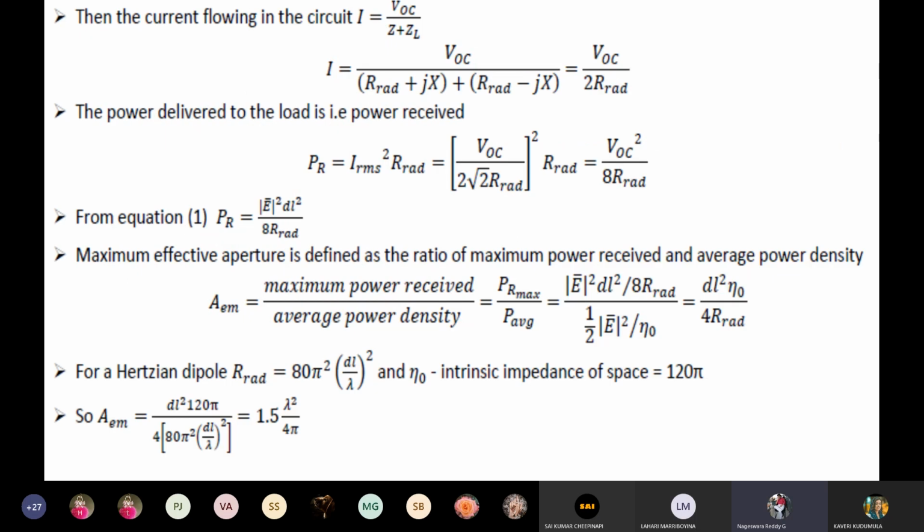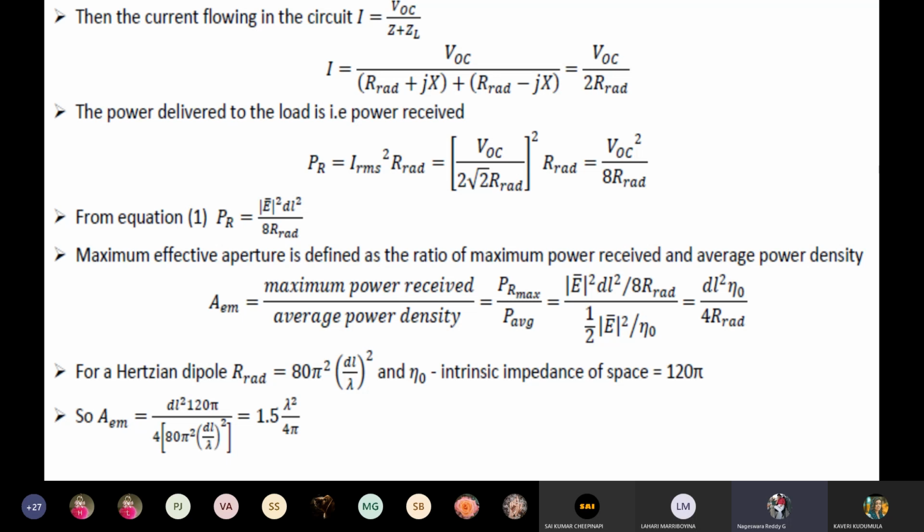Then the current flowing in the circuit is I equal to the open circuit voltage V_OC by Z plus Z_L. You can observe in the diagram, Z is nothing but radiation resistance plus jX, and Z_L is radiation resistance minus jX, so I is equal to V_OC by twice the radiation resistance.